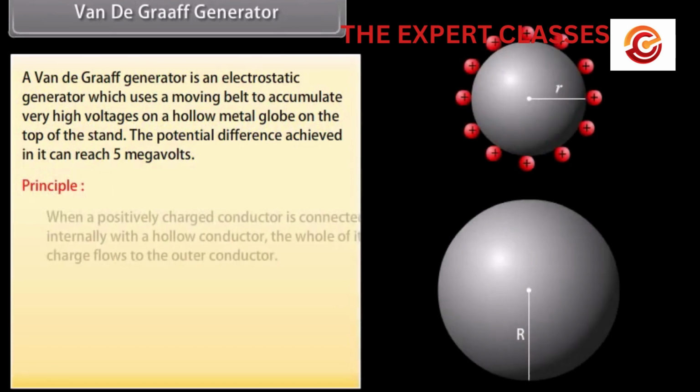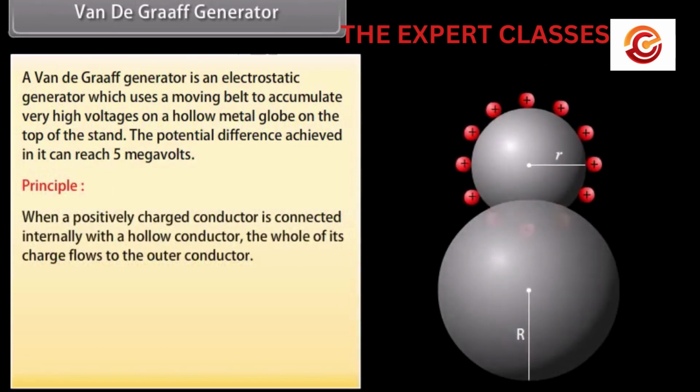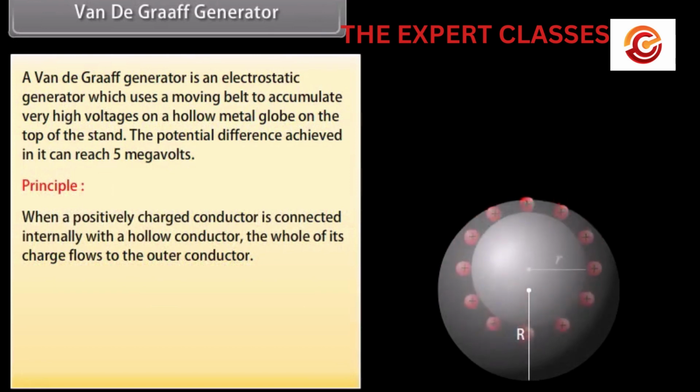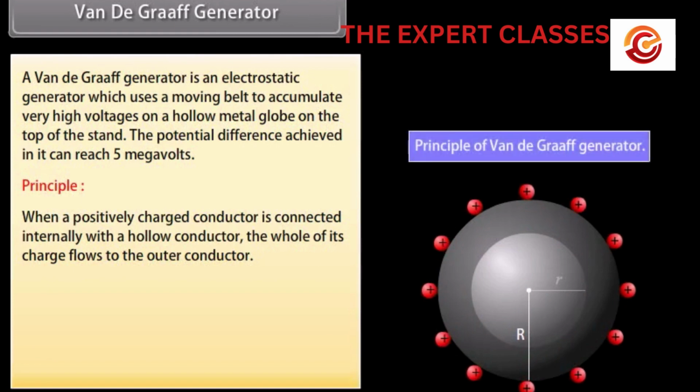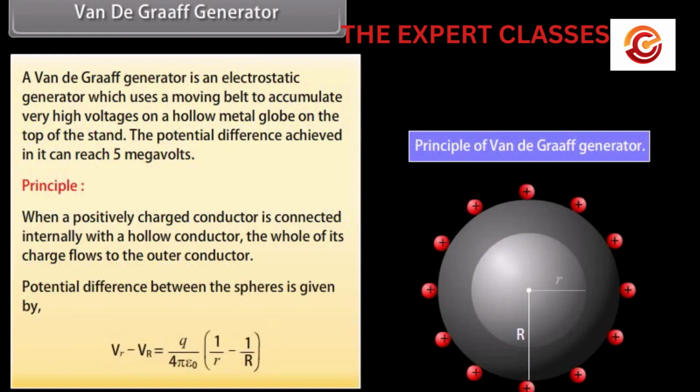Principle: when a positively charged conductor is connected internally with a hollow conductor, the whole of its charge flows to the outer conductor. Potential difference between the spheres is given by V(R) minus V(R) is equal to Q upon 4 pi epsilon naught multiplied by 1 by R minus 1 by R.